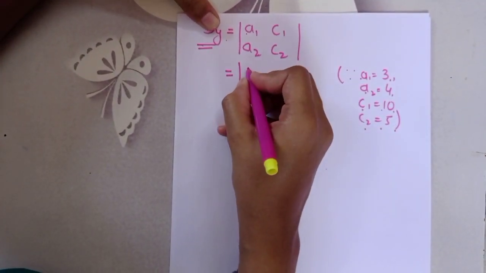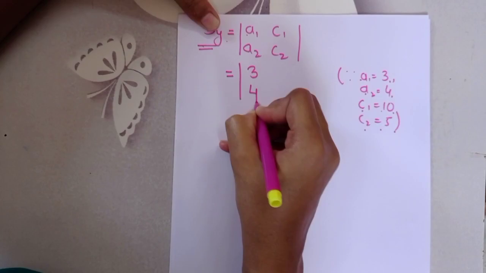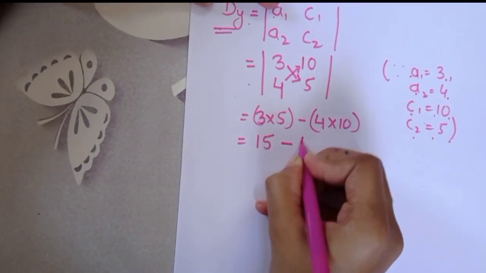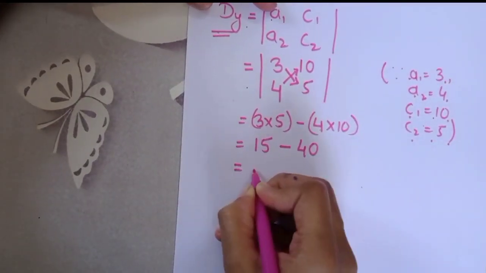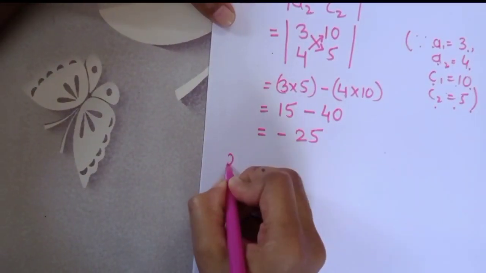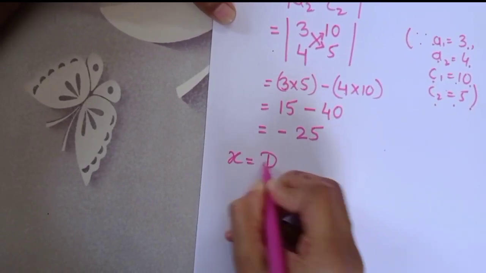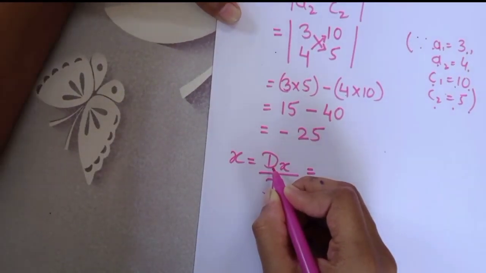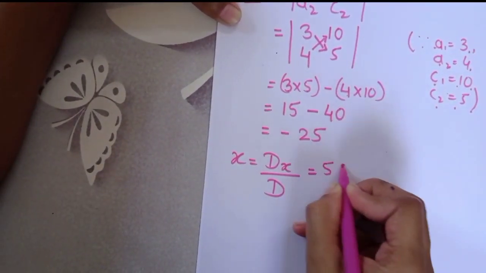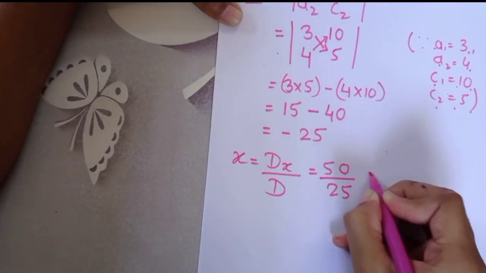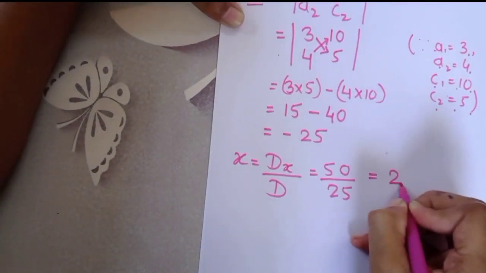Therefore, a1 value is 3, a2 is 4, 3 into 5 is 15 minus 4 into 10 is 40, which is equal to minus 25. Now, to find the value of x, which is equal to dx by d, we know the value of dx is 50 and d is 25, which is equal to 2.